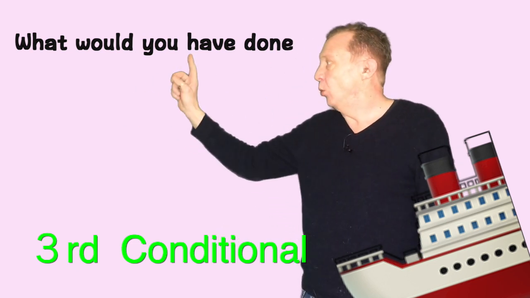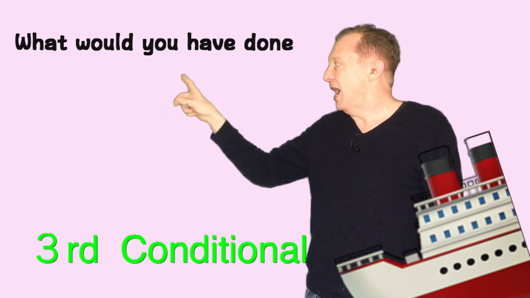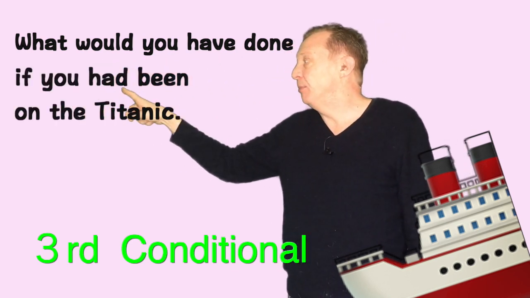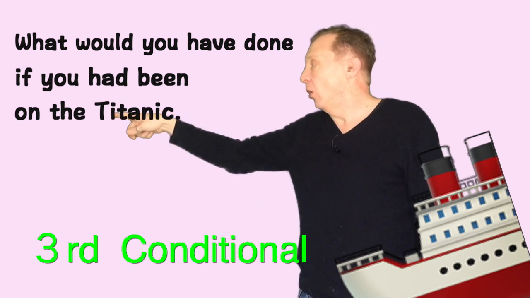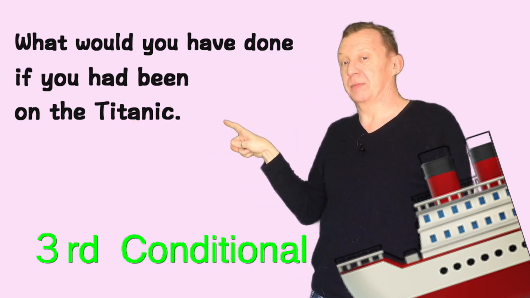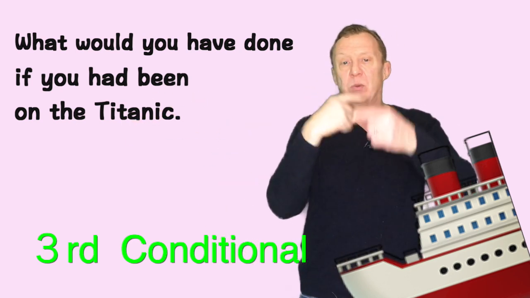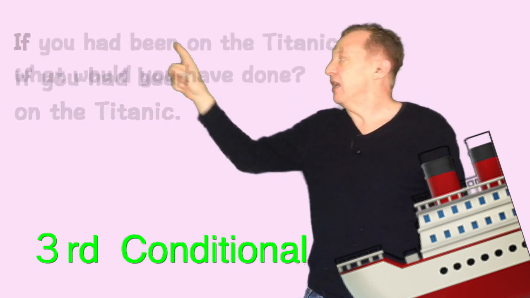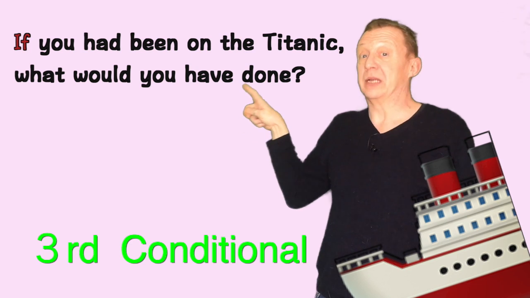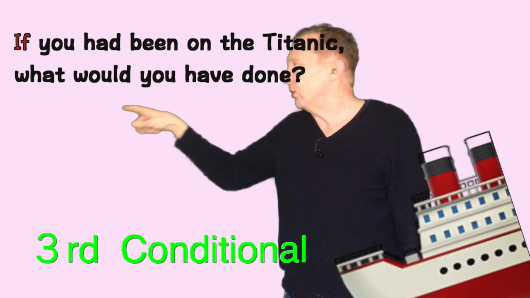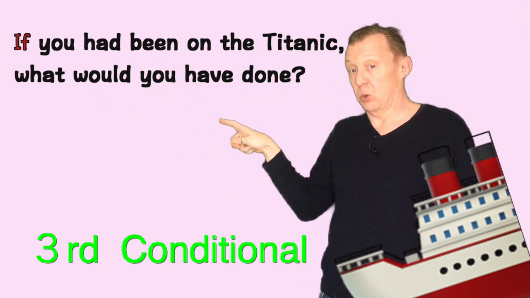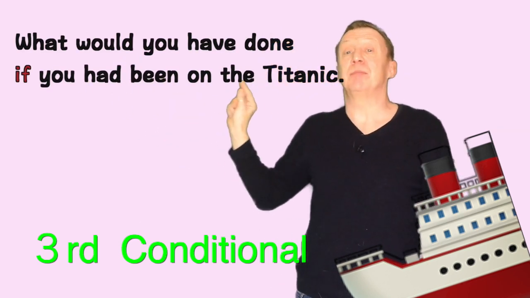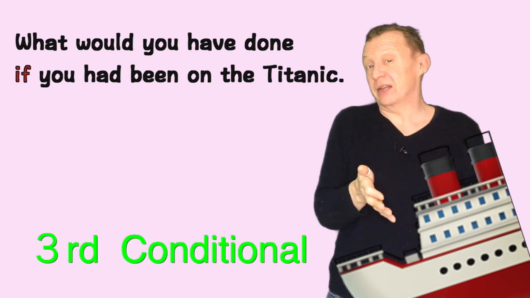What would you have done if you had been, past perfect, on the Titanic? Now you can see we've changed round the structure. So, if you had been on the Titanic, what would you have done? Question. Or, what would you have done if you had been on the Titanic?